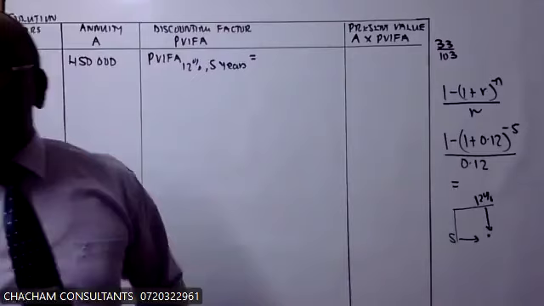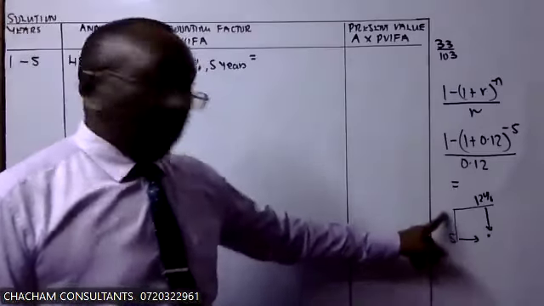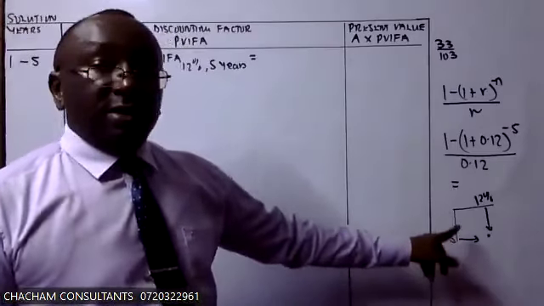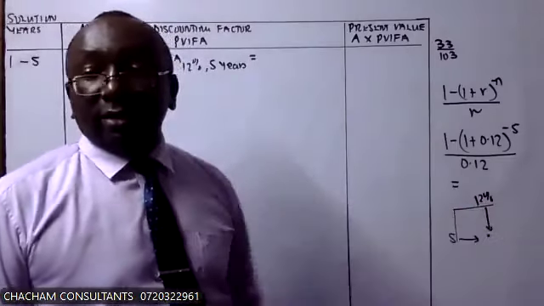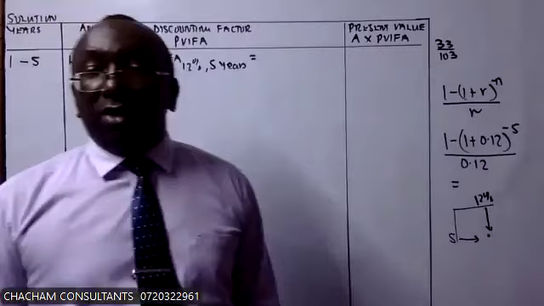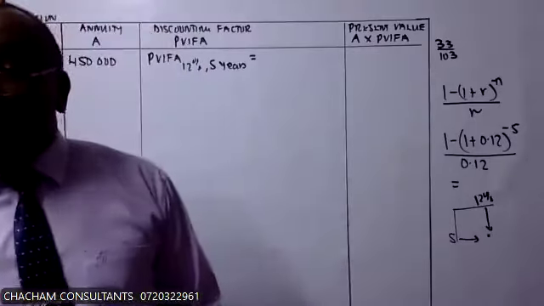That's how it's read. You just look at the year, which period you want, and the interest rate that you have there.